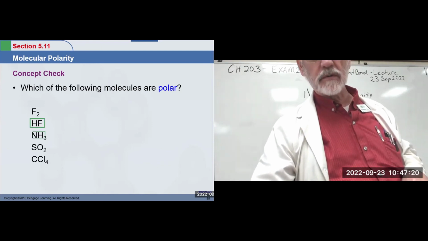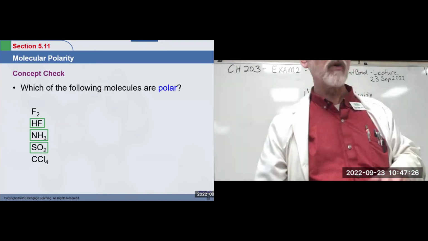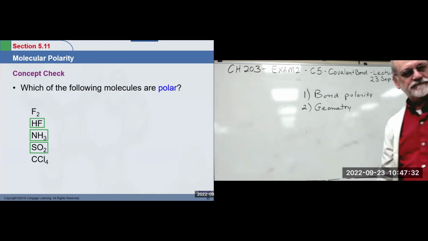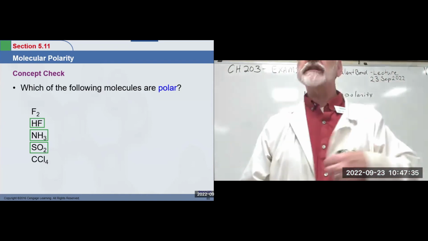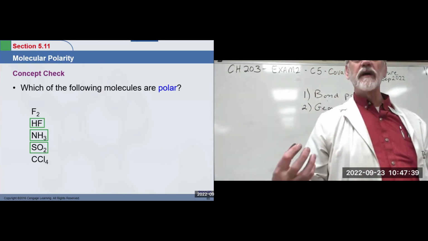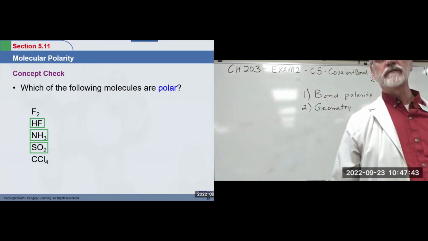That's polar. Yep. Sulfur dioxide is polar. How about carbon tetrachloride? Nope. Because the polarity is toward chlorine, right? The electrons move toward chlorine, but it's in a regular tetrahedral shape. They all cancel each other out.